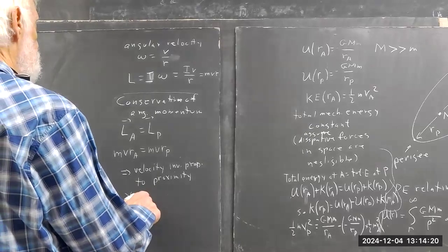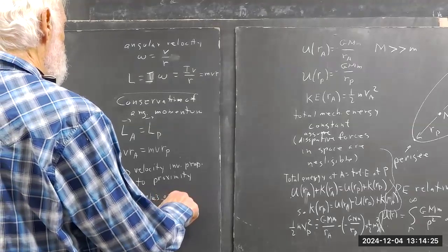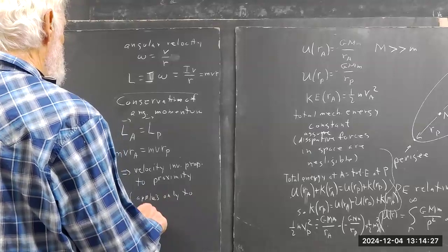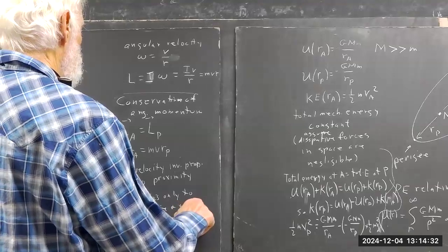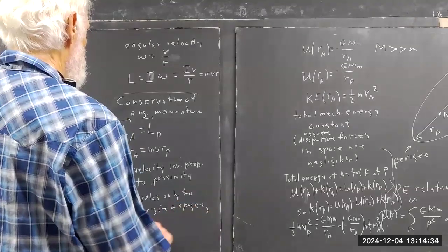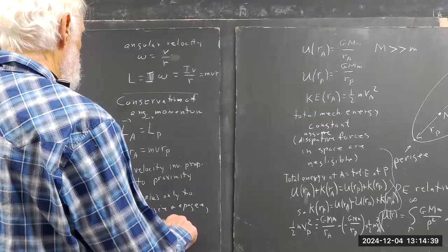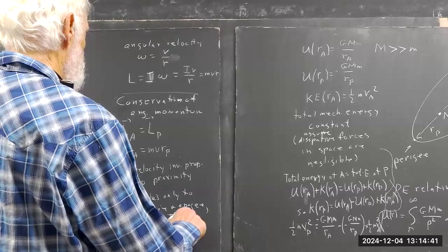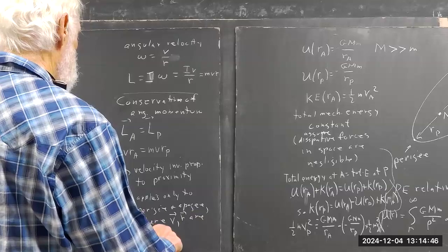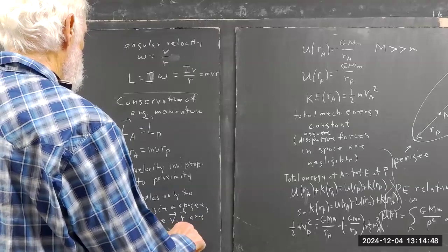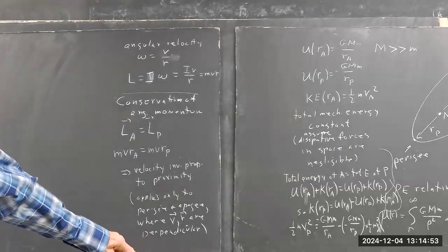And this applies only to perigee and apogee, which is where v and r are perpendicular.